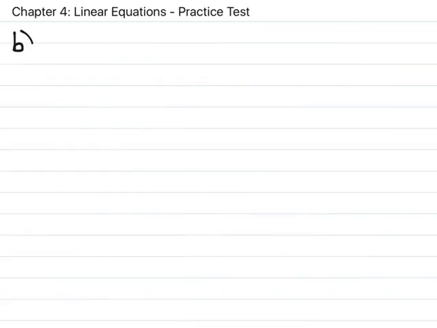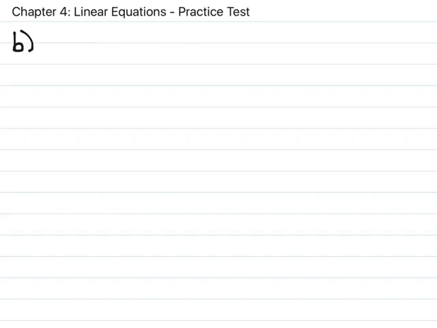So B, you have 1.25k plus 0.75k. Oh, let's try that again.